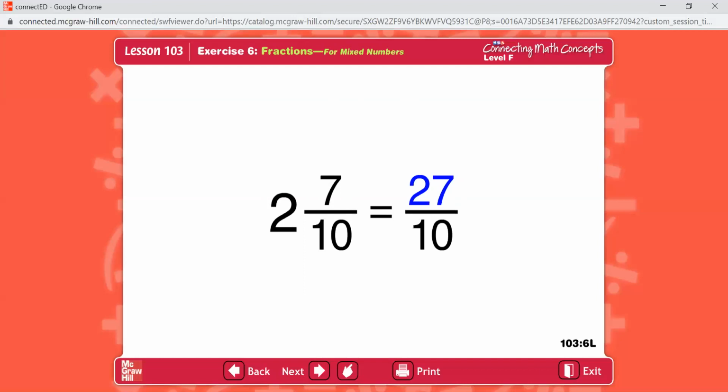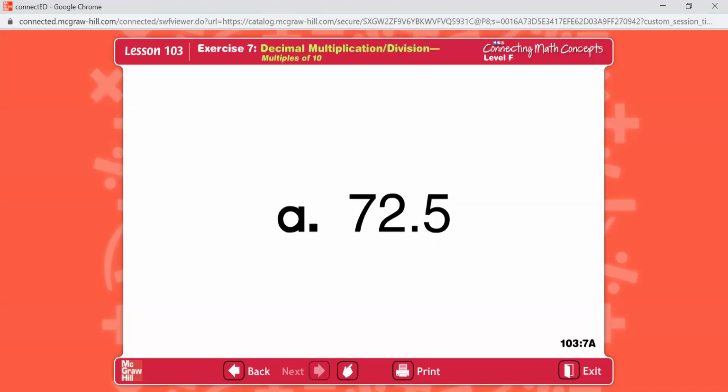You're going to multiply 725 thousandths by 100. The decimal point is going to move 2 places to the right because you're multiplying. The new number will read 72 and 5/10.